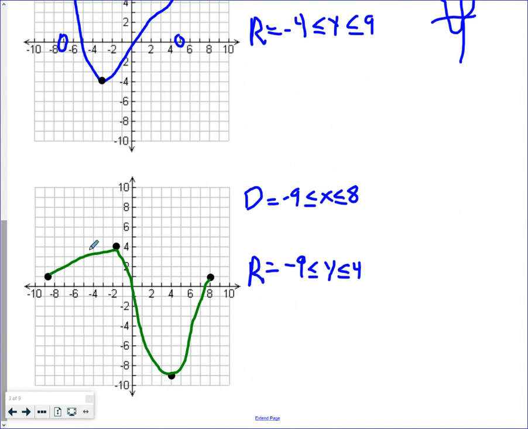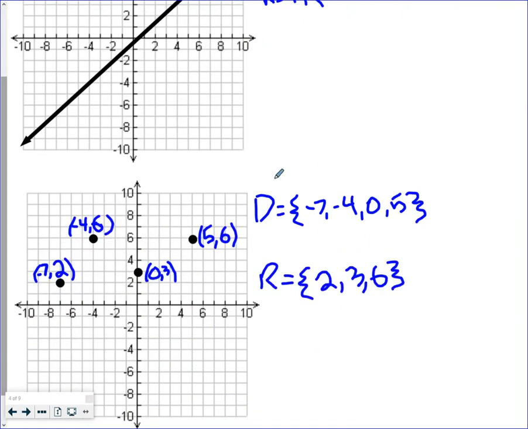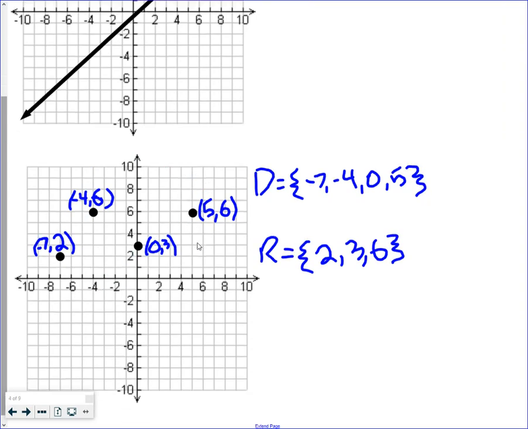If they are connected and you include all the points between them, then you write down the inequality, because this inequality means that we're going from this point and we're hitting all the points along the way. So this means we're hitting every single point between the dots as well as the dots themselves. This notation means we're just hitting the dots, not anything in between.